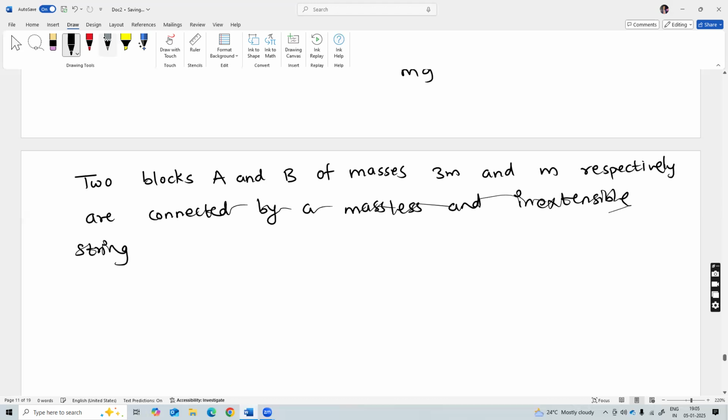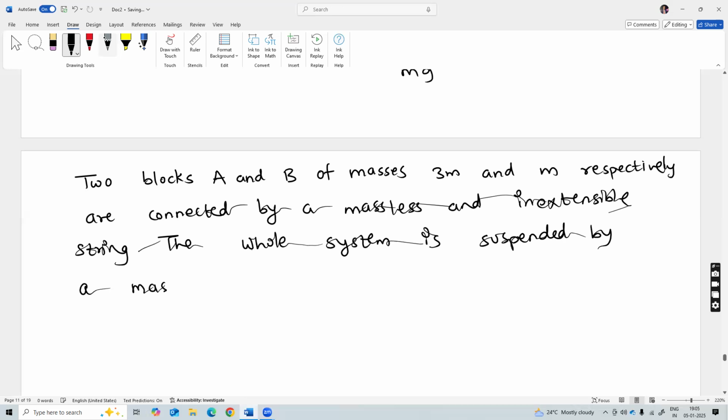The whole system is suspended by a massless spring, as shown in figure.